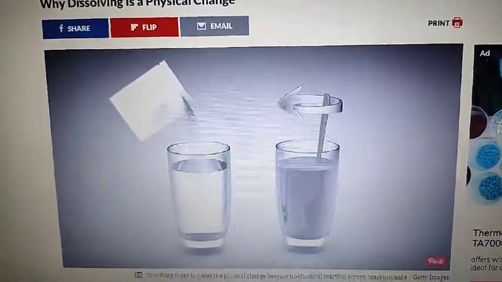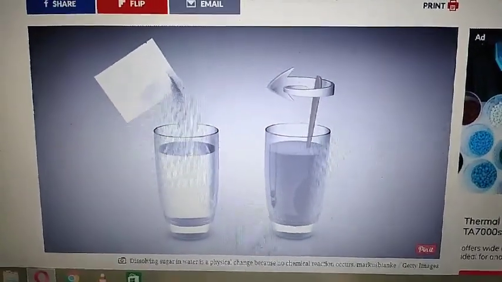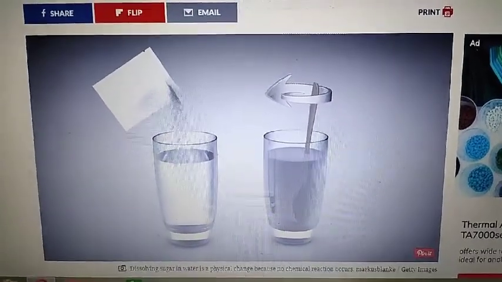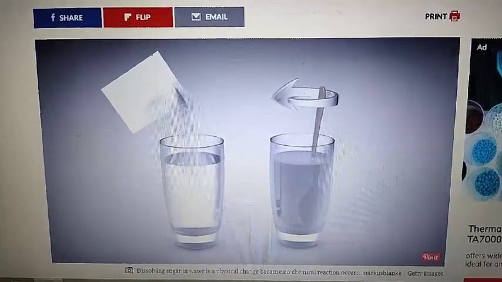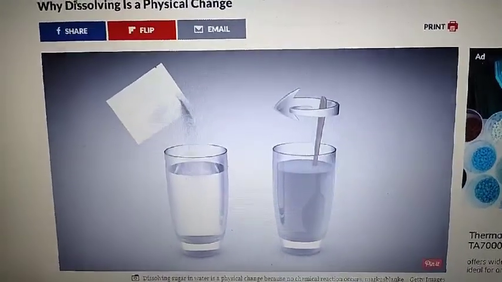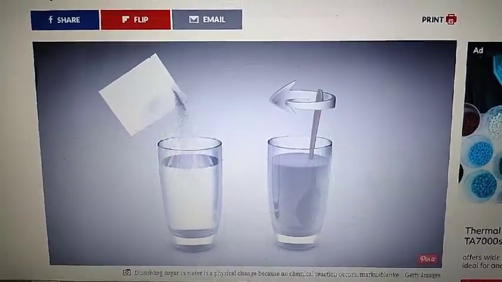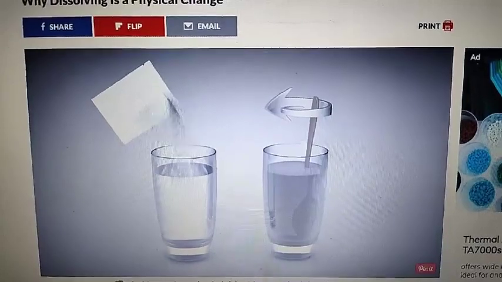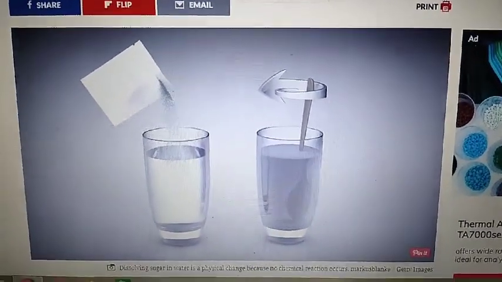So this crystal also tastes sweet only. The property of sugar will be there. So we recovered sugar from the glass of water solution by a simple method, by supplying heat.